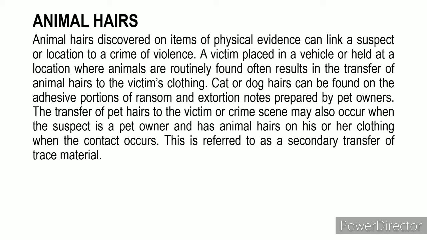Cat or dog hairs can be found on the adhesive portion of ransom and extortion notes prepared by pet owners. The transfer of pet hairs to the victim or crime scene may also occur when the suspect is a pet owner and has animal hairs on his or her clothing. When the contact occurs, this is referred to as secondary transfer of trace material.